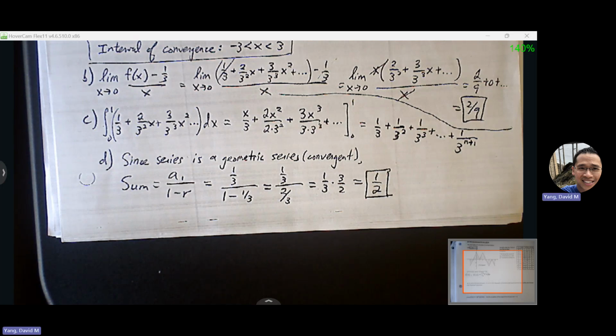We don't have to worry about plus C. Why is that? Because they're not bounded. The C's will always wash out if they're not bounded. Plus C will only show up if it's asking for the indefinite integral.